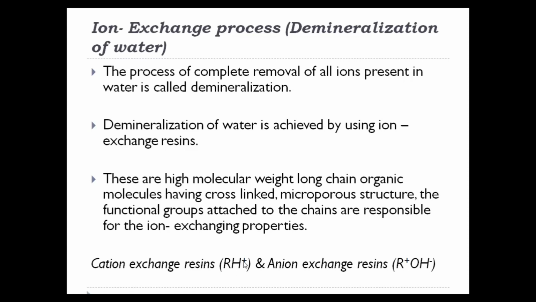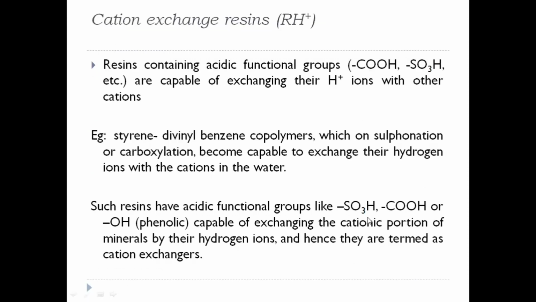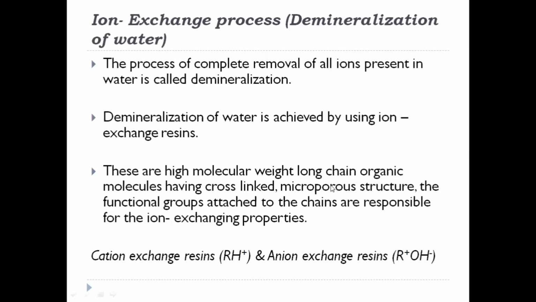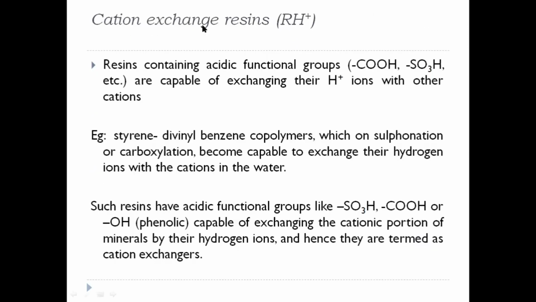The cation exchange resins can be generally denoted by RH plus, where H plus stands for the replaceable hydrogen ion, and R represents the long polymeric chain with acidic functional groups like COOH, SO3H, etc. And anion exchange resin is generally represented by R plus OH minus, containing a replaceable OH minus ion, and R represents the basic long chain polymeric resin containing basic functional group.